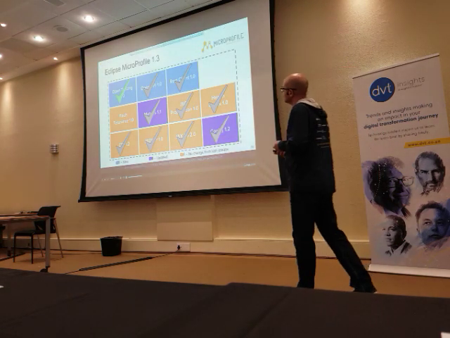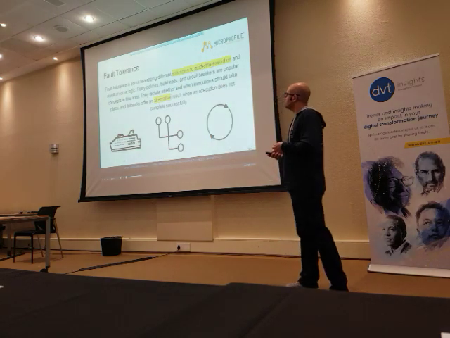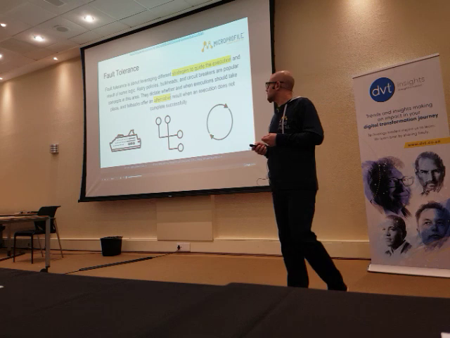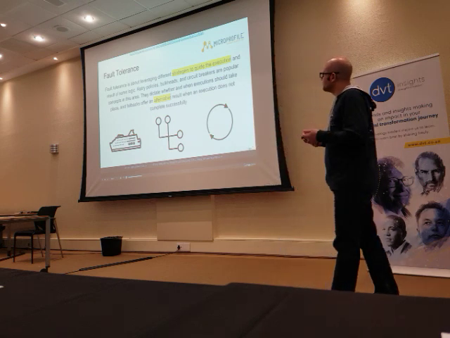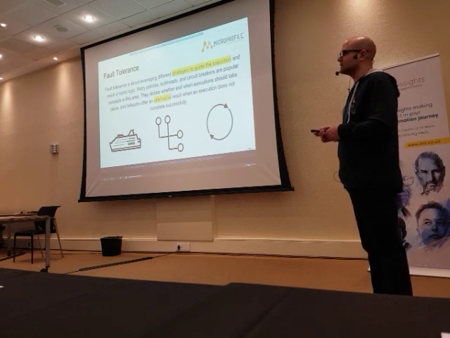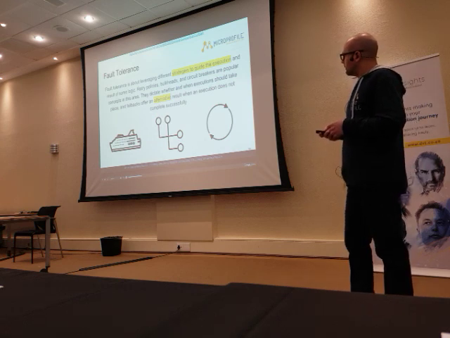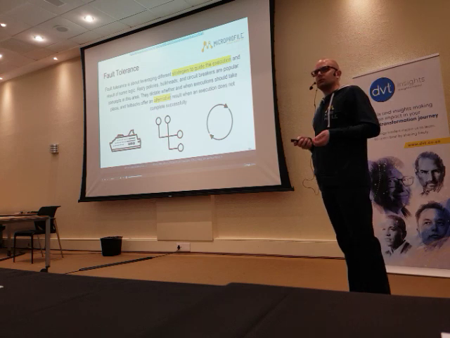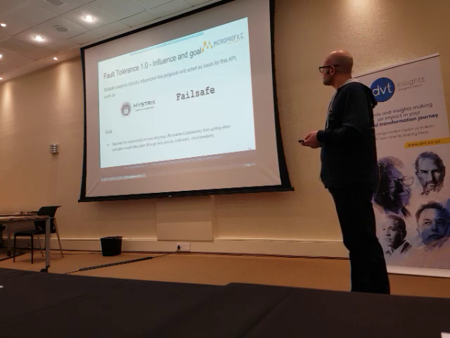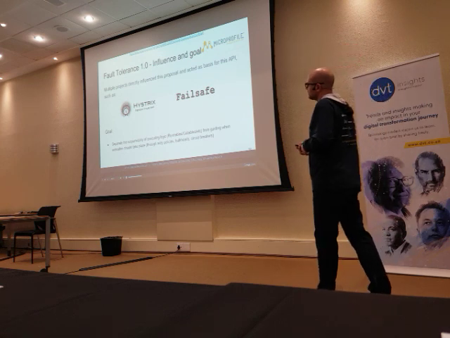Okay, so lastly, fault tolerance. Because we are now a distributed service, we cannot rely on the services that we're calling being available, and we need to find alternatives to make sure that we can still build resilient services. I'm sure you might know Hystrix of Netflix.